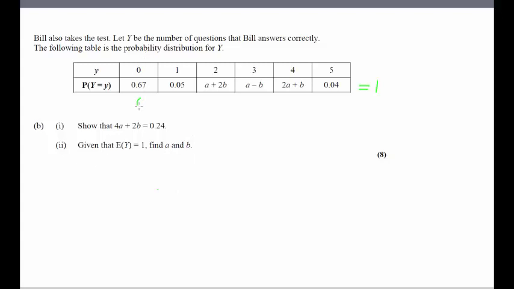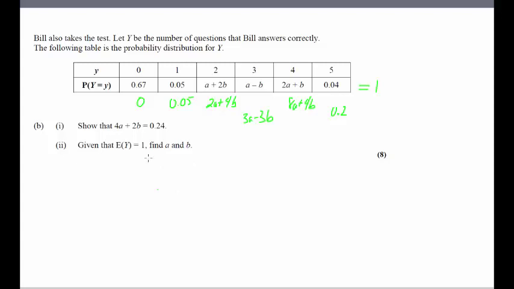So there's 0, 0.05, 2a plus 4b. You write this down, 3a minus 3b, 8a plus 4b, and 0.2. And all of these added together equal 1.